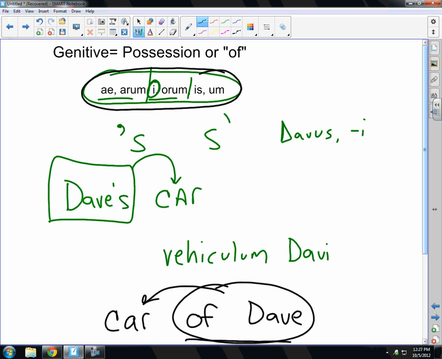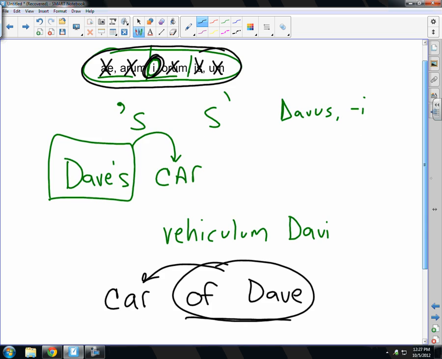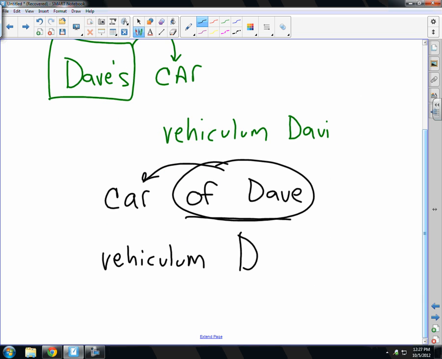We know that Dave is singular, so we can eliminate these plural endings. We know that Dave is not feminine, and we know he's not third declension, he is second declension, which is why we're using that letter I. So we have Davi. Still means the same thing. So vehiculum Davi can be translated as Dave's car or the car of Dave, either one.